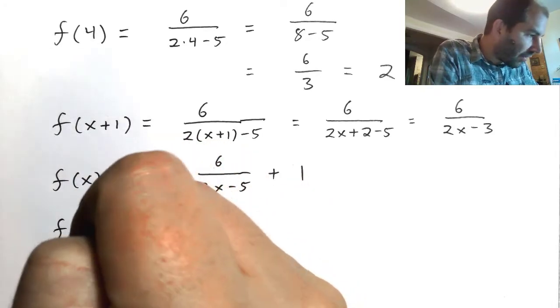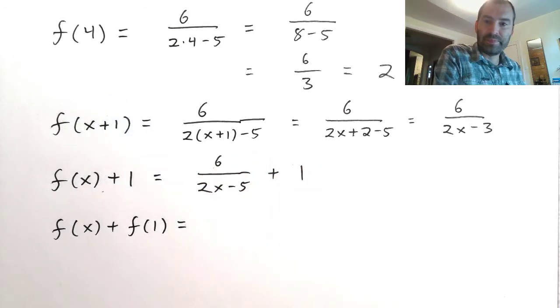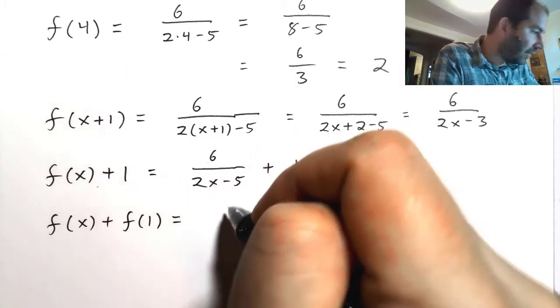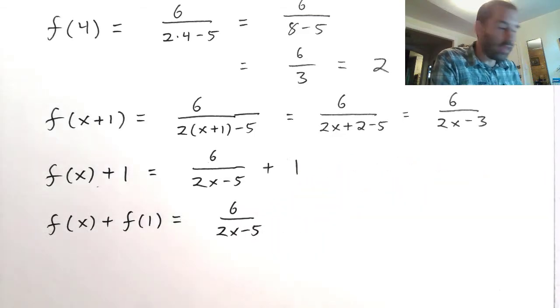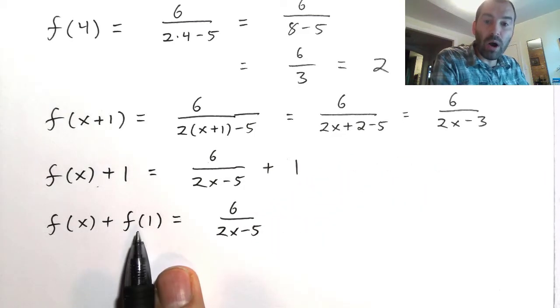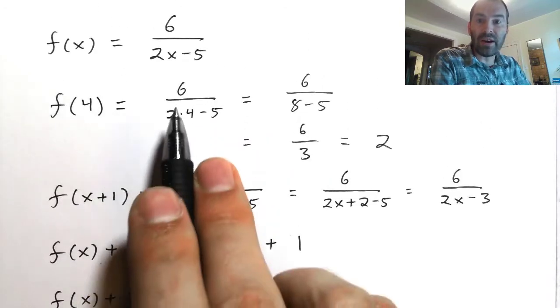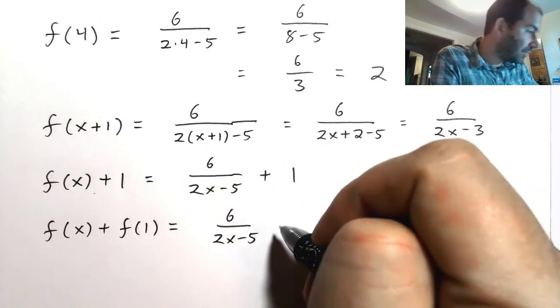Finally, I want to look at this expression, f of x plus f of 1. Well, like we said, f of x is just the expression that we have up here. All right, so I'll write that down. F of x, we were told, was this. What's f of 1? Well, f of 1 is what we get when we insert a 1 in place of the x. All right, so let me write that down here.